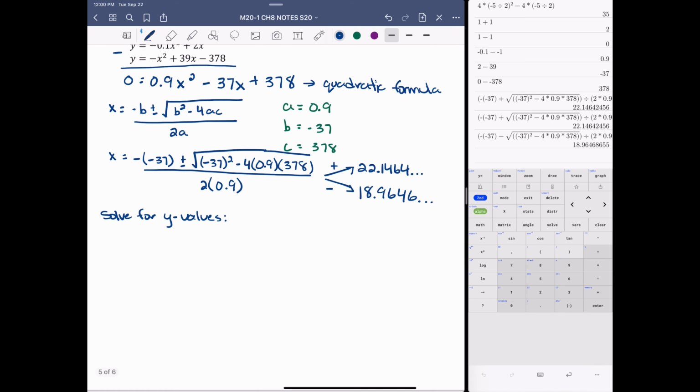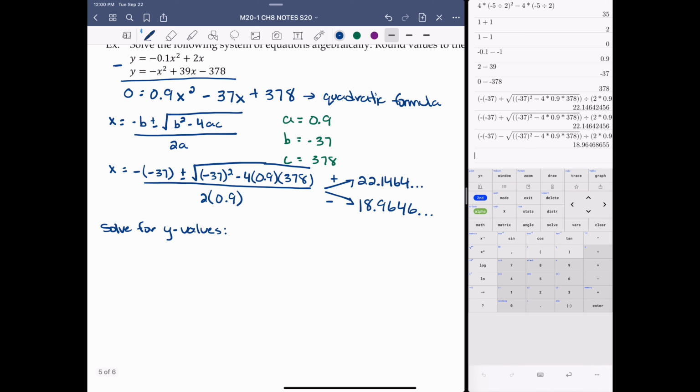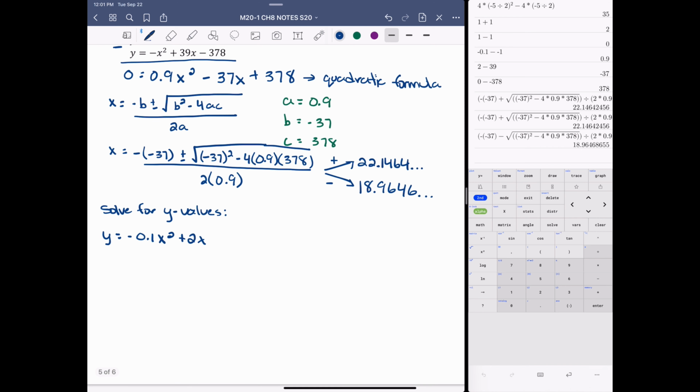Take one of our equations and sub in our x values. So I'm just going to take the shorter one, which is the first one. y equals negative 0.1x squared plus 2x. I'm going to start with the 22.1464. y equals negative 0.1 bracket 22.1464 squared plus 2 times 22.1464.